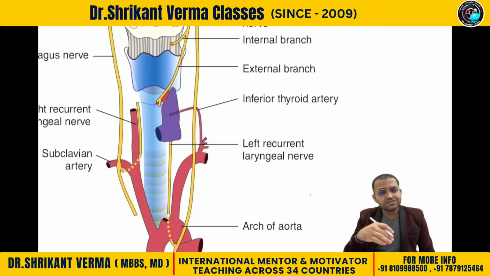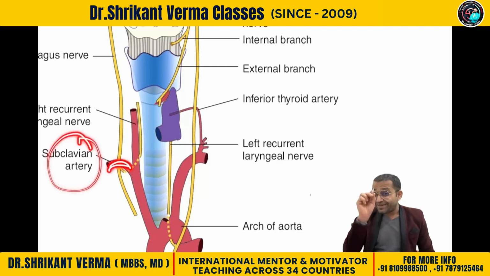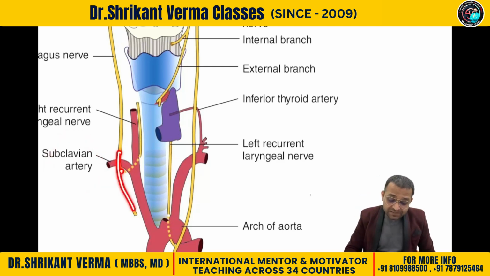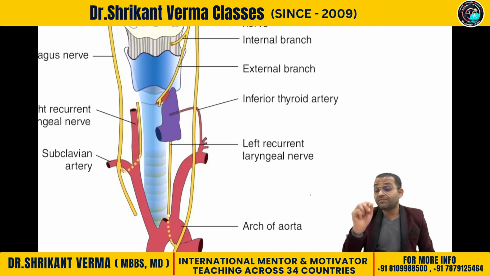But remember, the distal part of the right sixth pharyngeal arch artery disappears, and the fifth arch artery also disappears. So the fourth arch artery, which makes the subclavian artery, persists. So on the right side, the recurrent laryngeal nerve hooks the right subclavian artery.